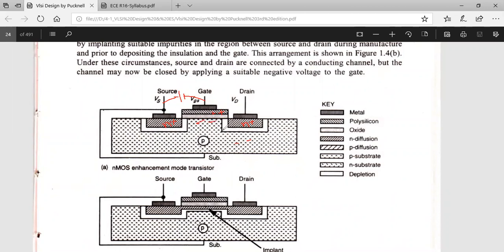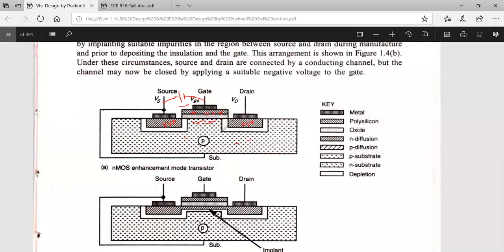Next, I started increasing my input voltage. Then the positiveness here is increased further, so some more free electrons from here and there will move once again very close to this.